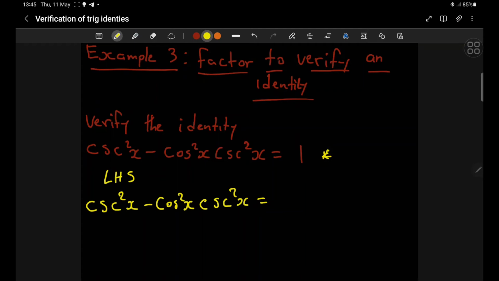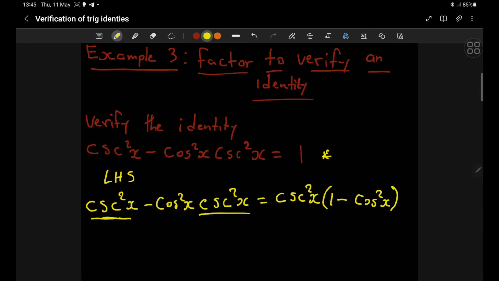If you look at an expression like this one, we look at what's common. Sometimes you can have expressions where we're having something common and we can factorize it. In this case, we can factor out cos squared x. When we factor it out, we'll be left with 1 minus cos squared x.